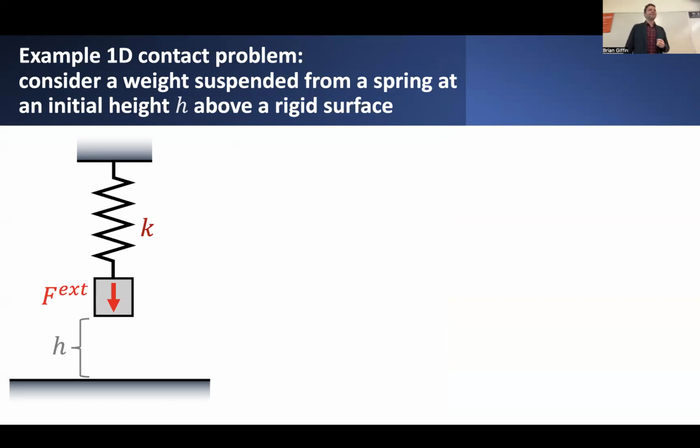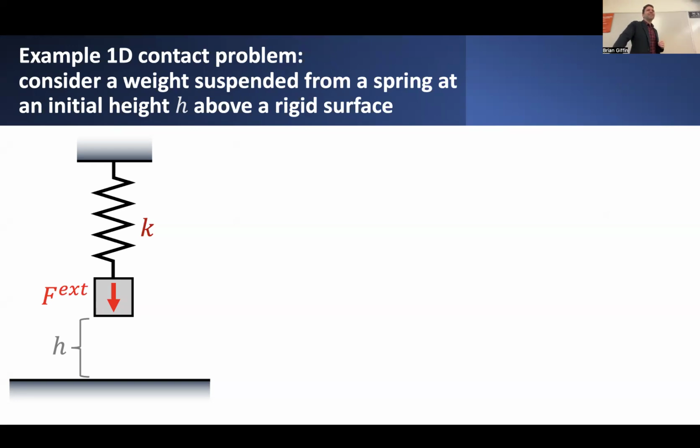And just as a prototypical example, throughout this lecture, we're going to be referring to this very simple one-dimensional structure: a single spring with stiffness K, with a mass or a weight attached to the bottom of the spring, and that weight gives rise to some external force. You can think of this force as being proportional to the mass of this block times the gravitational acceleration.